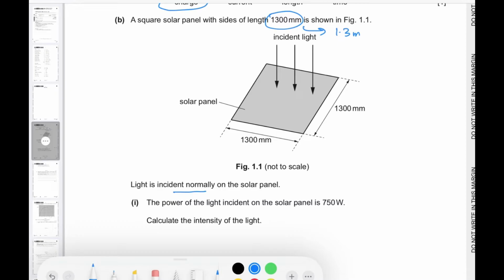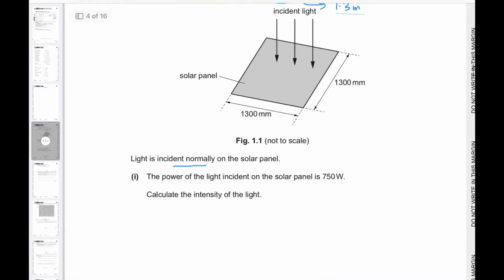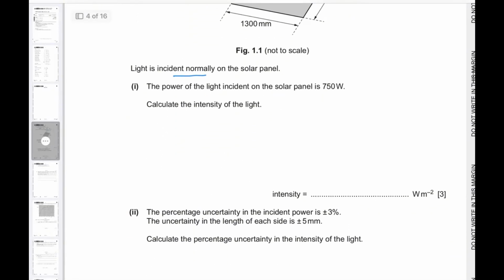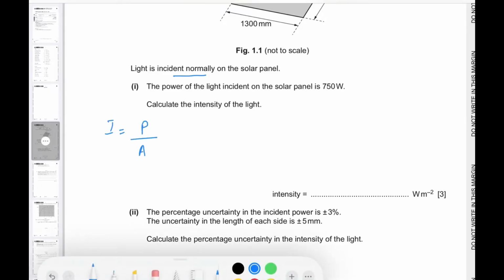The power of the light incident on the solar panel is 750 watts. Calculate the intensity of light. In the chapter of waves for our syllabus, we learned that intensity is equal to power divided by the area upon which light is incident, and also that intensity is proportional to amplitude squared.